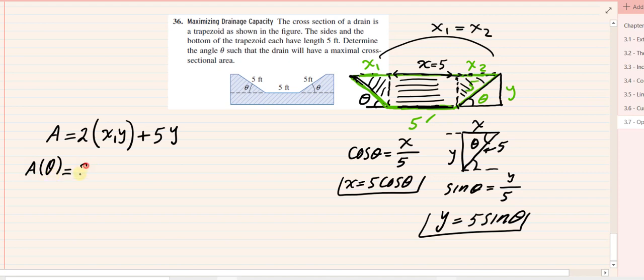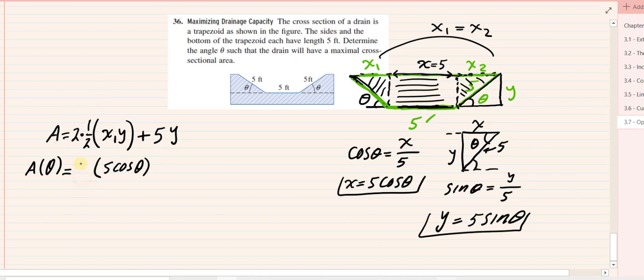So that's going to be 2 times x, which is 5 cosine theta. Oh, and the area is half base times height, isn't it? So it's going to be 2 times 1/2. The 1/2 base height, that's the area of a triangle, twice that because there are 2 triangles.